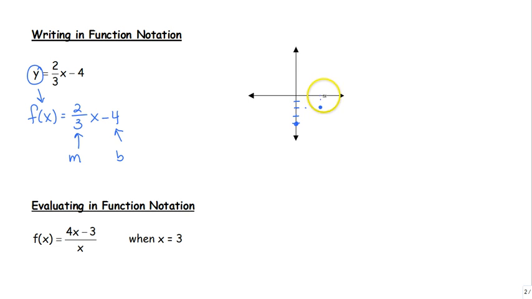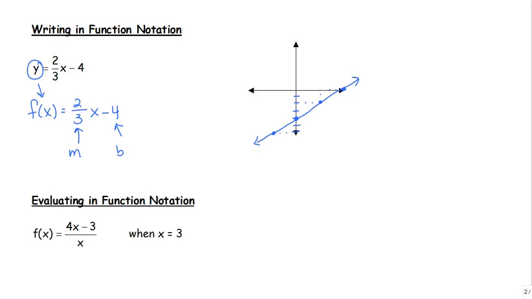Up 1, 2, right, 1, 2, 3. We also could go down 1, 2, left, 1, 2, 3. So remember, you always start with your y-intercept and then use your slope to build it in both directions. Alright, so that's our simple writing function notation, taking the y out, putting an f of x in its place.